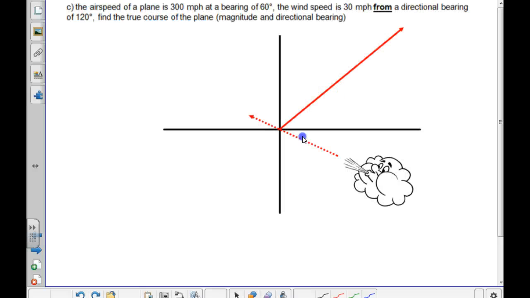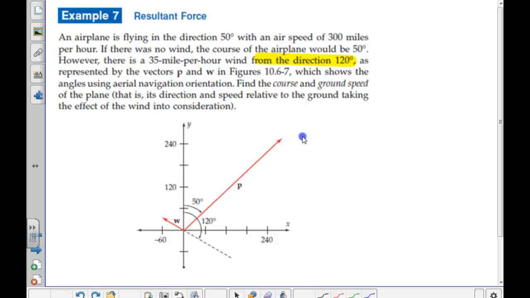We are going to try this question. This is almost the same question. I just don't have this miles per hour for the wind right, so we're going to do the one off your worksheet. But let me read to you what it says, okay? It says an airplane is flying in the direction of 50 degrees with an airspeed of 300 miles per hour. If there is no wind, the course of the plane would be 50 degrees off of north.